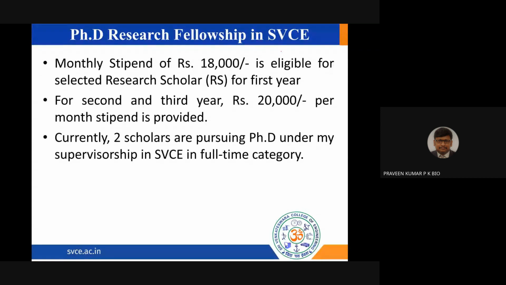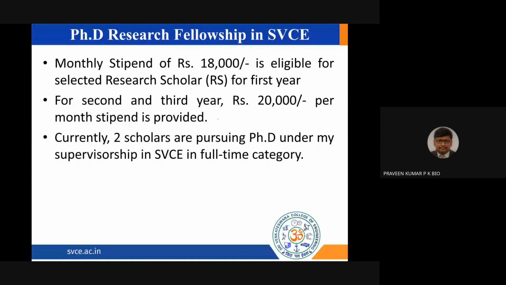If they register for a PhD at Anna University, they will get a monthly stipend of rupees 18,000 for the first year. If they publish a paper, in the second year they may get 20,000 as a monthly stipend.